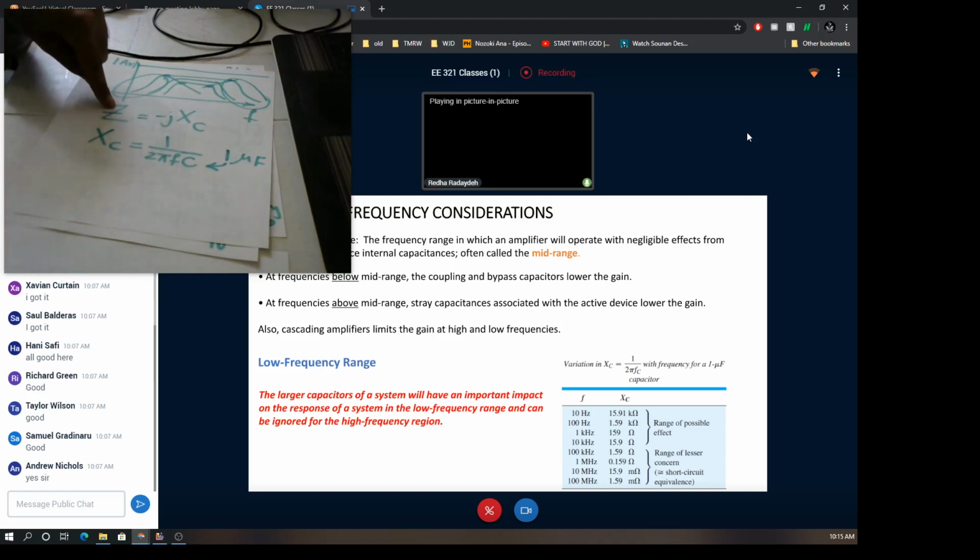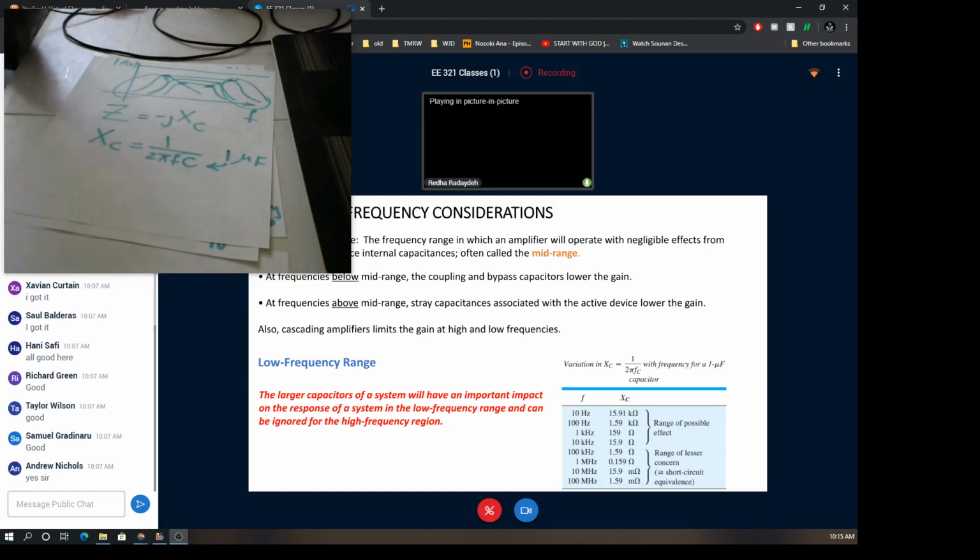We are talking about sinusoidal signals. At low frequencies, the XC value is very high. It is noticeable. It cannot be neglected. Because of this high impedance of the capacitor, you will see a decrease in the gain provided by the amplifier.